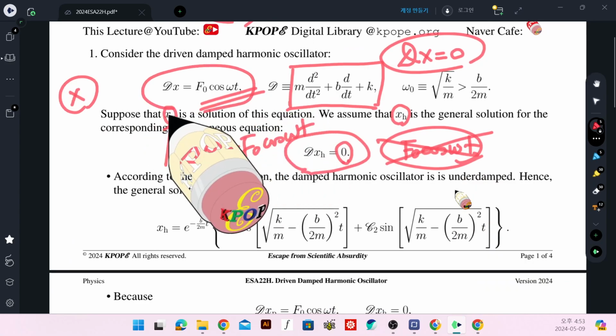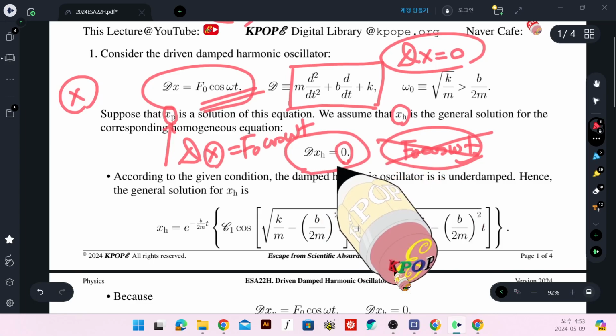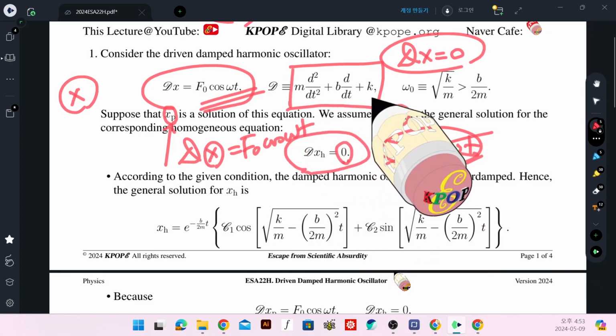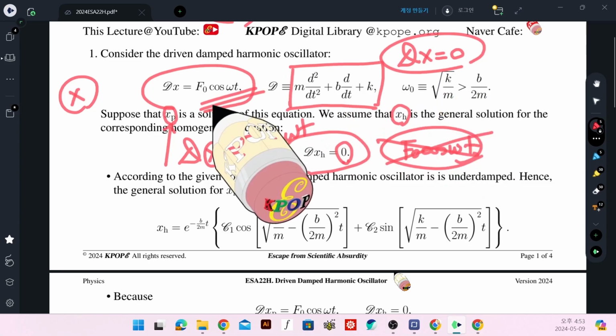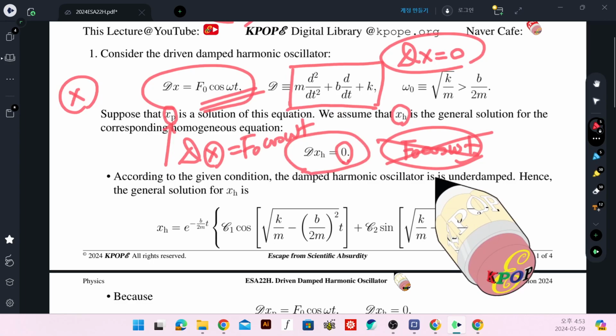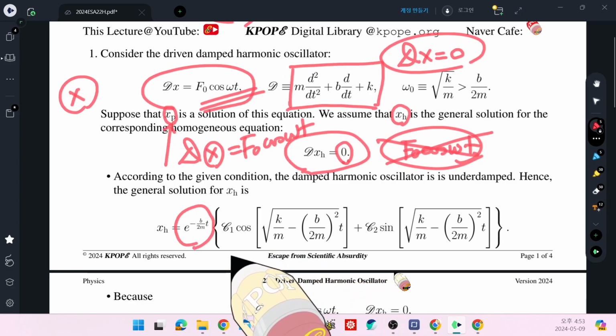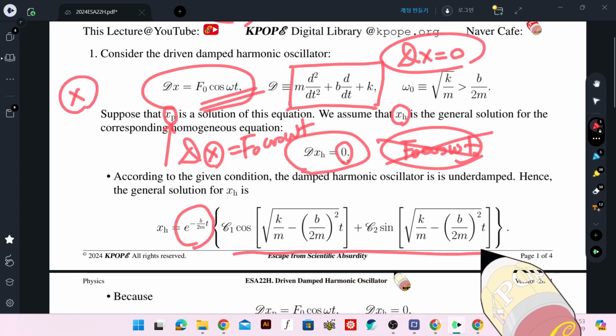We remember the solution for the damped harmonic oscillator without any driving force is expressed as a product of the exponential evanescent factor multiplied by the oscillating factor.